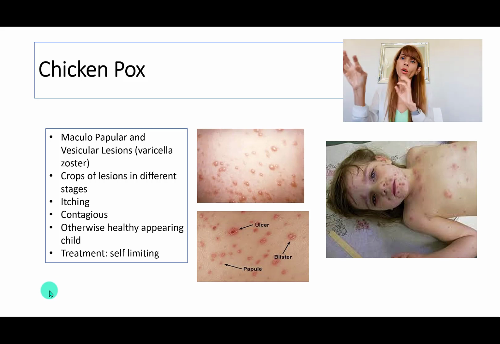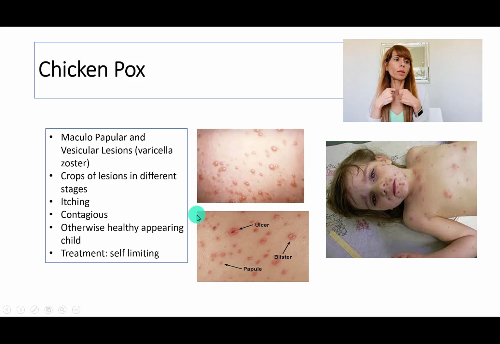So you will see groups of all kinds of different lesions, and these are going to be extremely itchy. They are going to be contagious. Patients are typically going to be otherwise healthy, so they're not going to be that sick. They may have low-grade temperature. Typically these are self-limiting, so they just get better on their own.